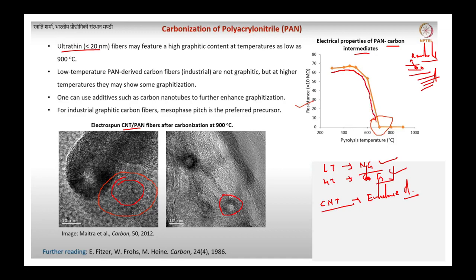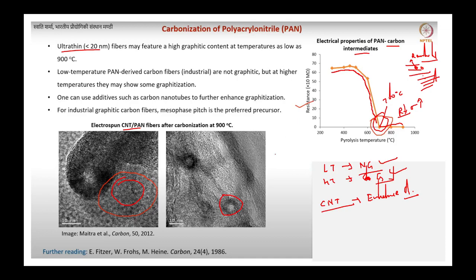But after around 700 degrees centigrade, your electrical property completely changes, your resistance decreases, and it becomes highly conductive. Why? Because some atoms could be there that probably act as an insulator.